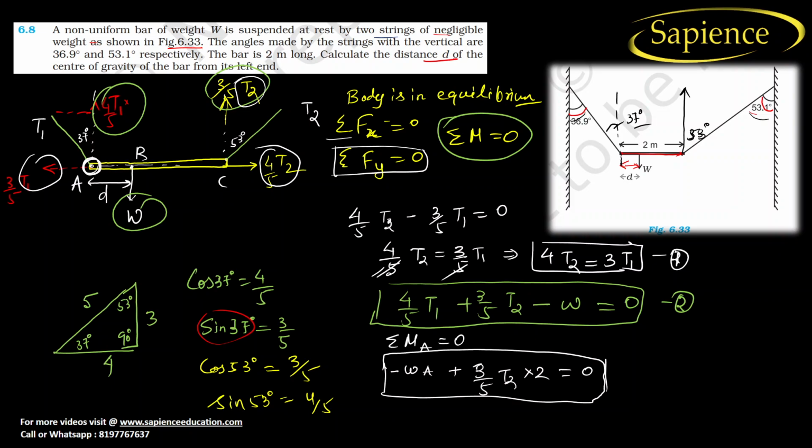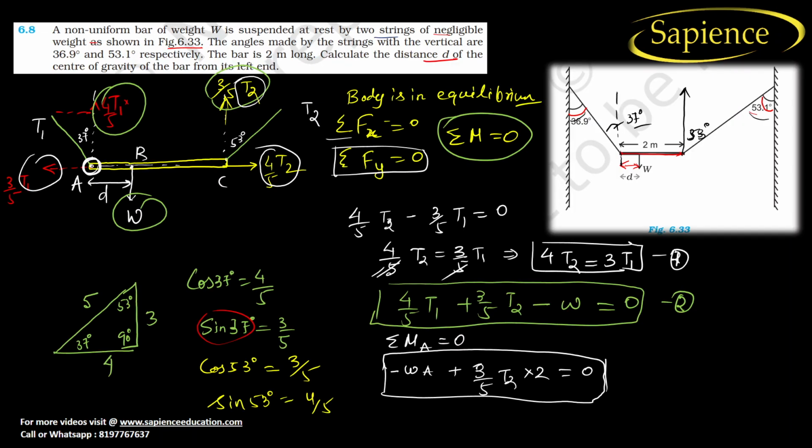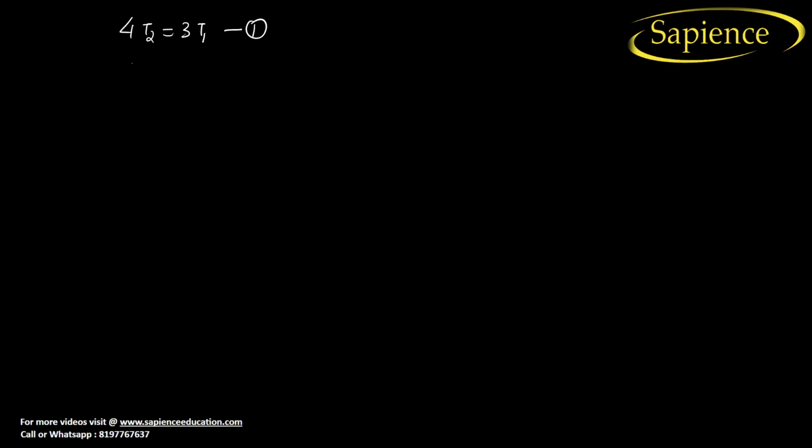So first equation, let us change the slide. First equation is 4 t2 is equal to 3 t1. So this is equation number 1. Now second is 4 by 5 t1 plus 3 by 5 t2 is equal to w.